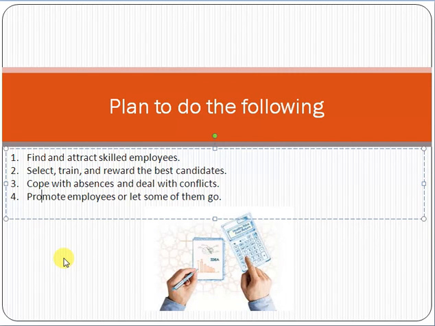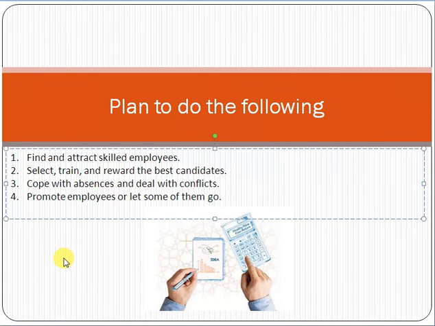Also, promote employees or let some of them go. That means if resources are giving you results, you should be able to promote them and appreciate them whenever necessary. And if some resources are getting good opportunities and want to leave, and you know that you cannot retain them, obviously it's okay to let them go.